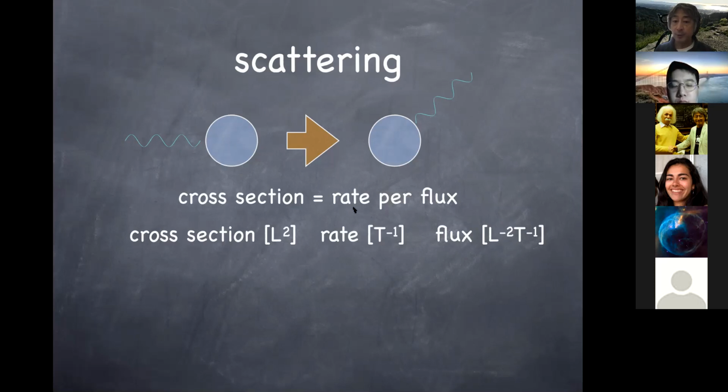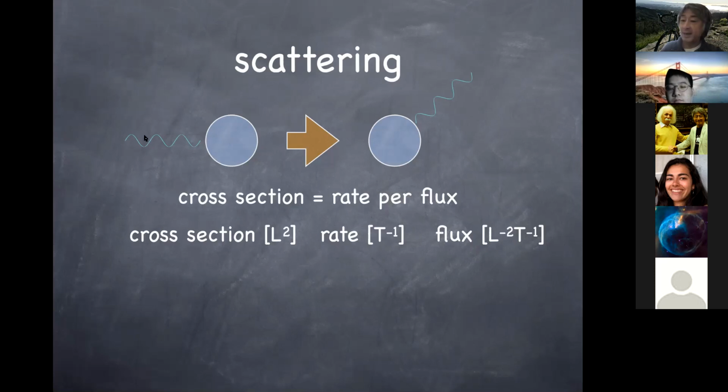So if you compute the rate of the transition per unit flux of the photons you send in, you divide T inverse by L to the square inverse and T inverse. Then T inverse cancels, and that's how this unit of length squared comes about. That's why we call this cross section. Intuitively, the idea of cross section makes sense.